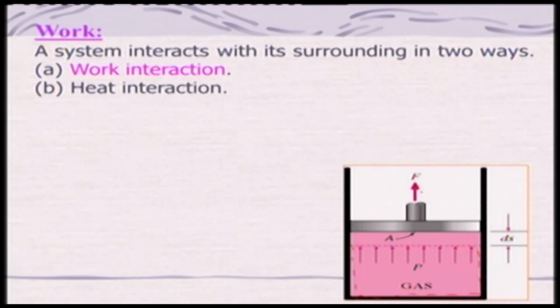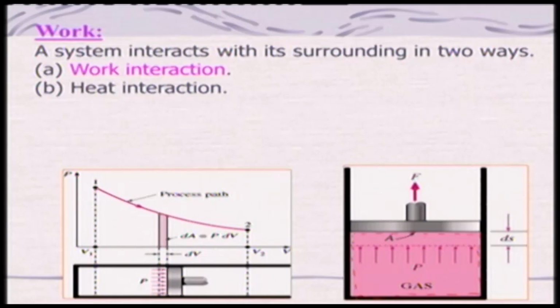If this force is reduced by delta F, then the piston, earlier here, moves, and the system boundary will increase. This is a movable boundary, right? There is a displacement ds. From the point of view of mechanics, work is basically force into displacement.